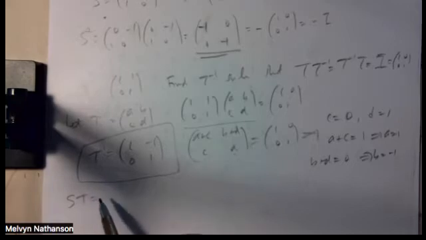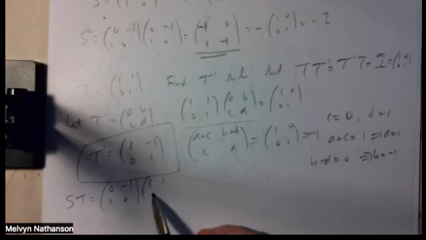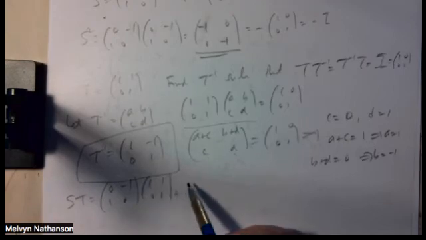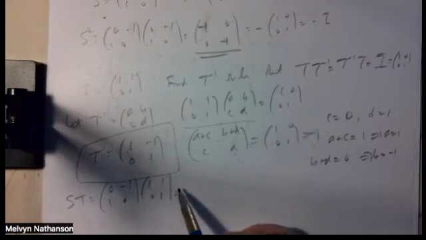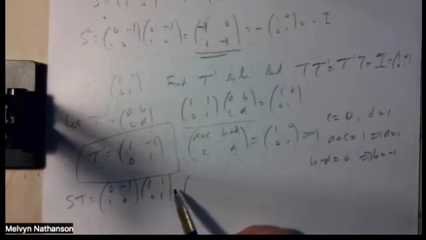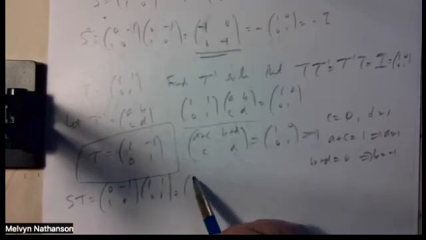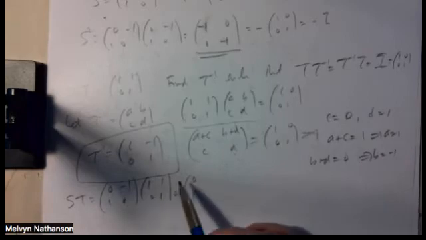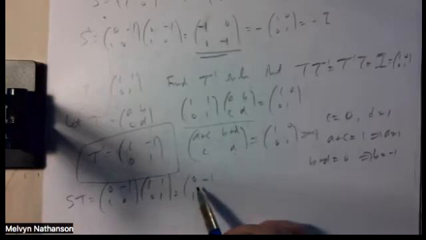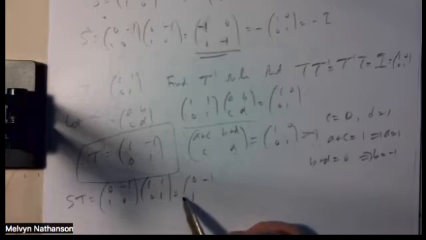If you multiply S by T, what do you get? You get 0, 1, minus 1, 1.